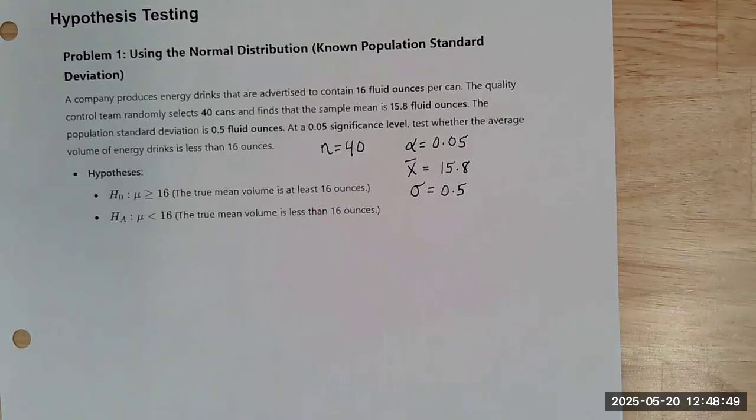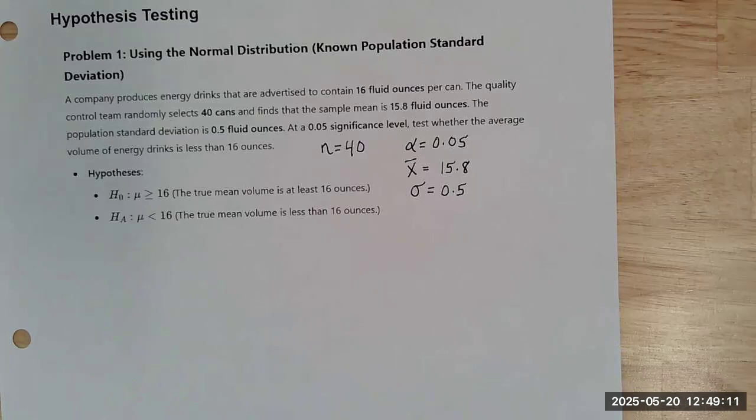A one-tail test would mean I'm checking to see, are they cheating us out of money? Then you would want to test to see if the alternative hypothesis is that there's actually less than 16 ounces per can. Or you want to test to see if they're a really generous company and you're only testing to see if they gave you more than 16 ounces per can. That would also be a one-tail test.